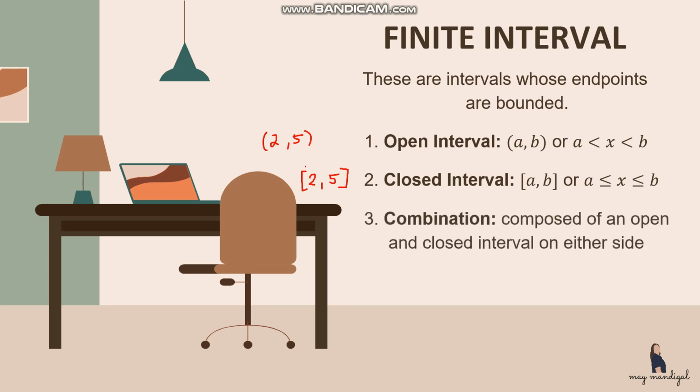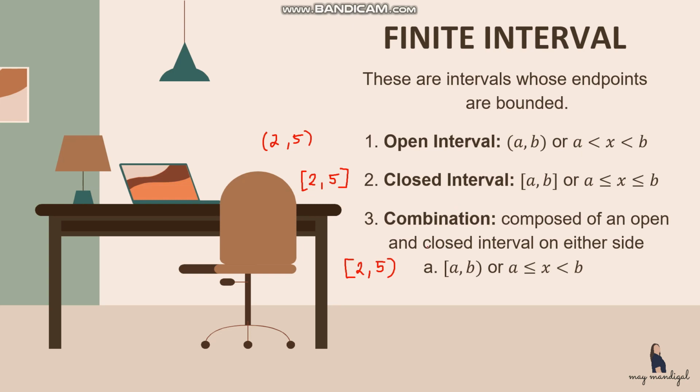And we have a combination, composed of an open and closed interval on either side. It can be like this: a is included up to b not included, so x is greater than or equal to a but less than b. So only one side of our interval, or one boundary, is included. Let's say we have 2 included up to 5 not included.